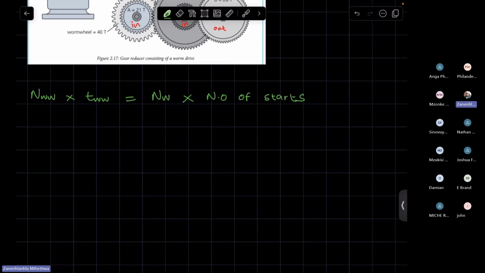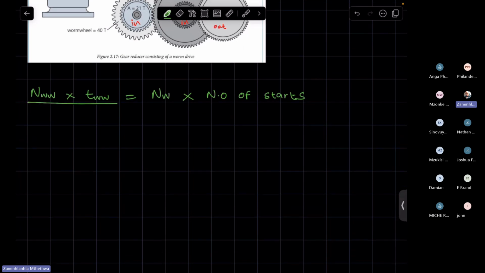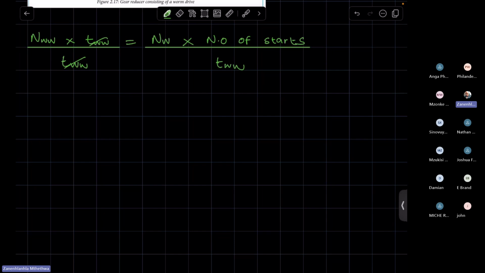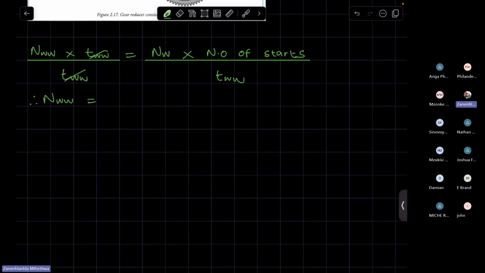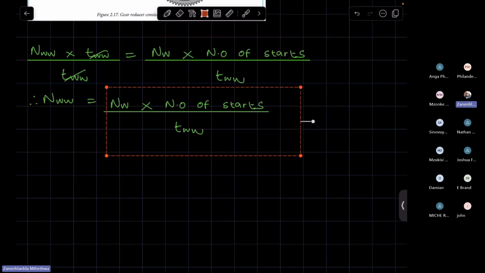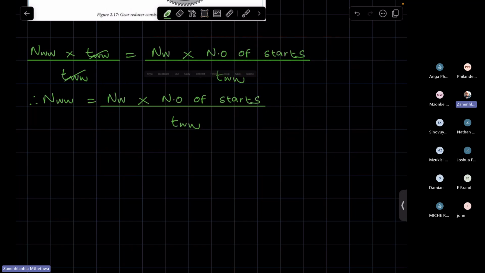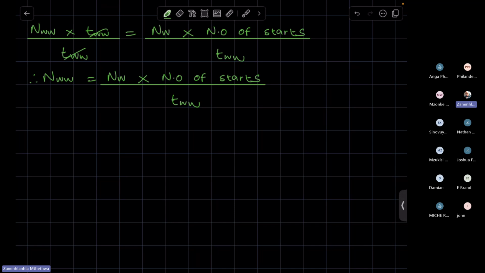To get the rotational frequency of the worm wheel, we need to divide both sides by the number of teeth of the worm wheel. Obviously that cancels, meaning the rotational frequency of the worm wheel is equal to this here. Now all we do is substitute.